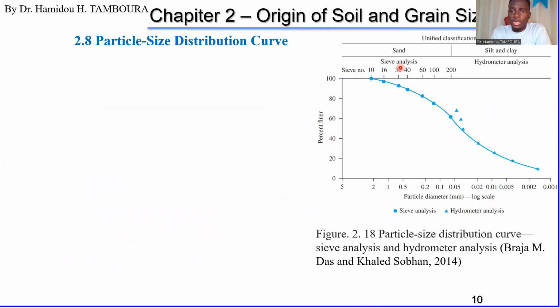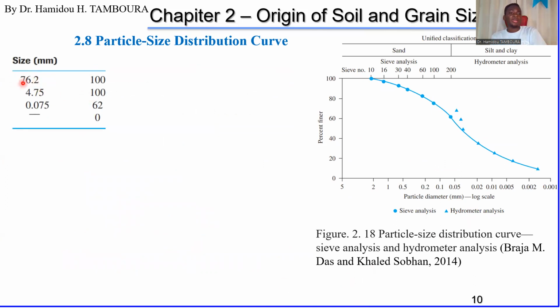So this is the curve. We will try to remember the range of the sizes and try to calculate the percentage. For example, let's try to find diameter 76.2. What is the percentage of the soil going through, smaller than this size?